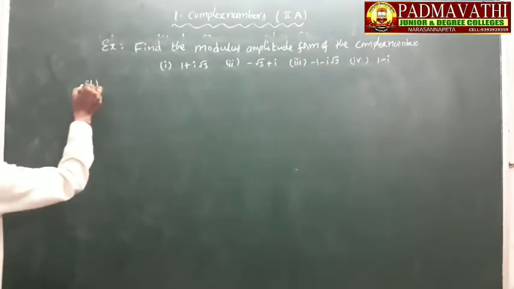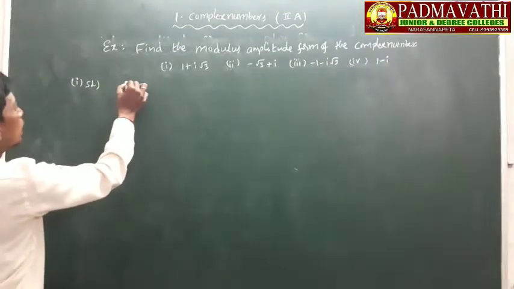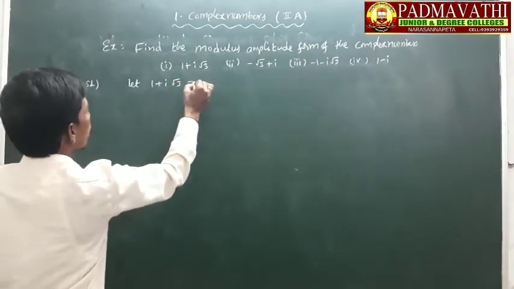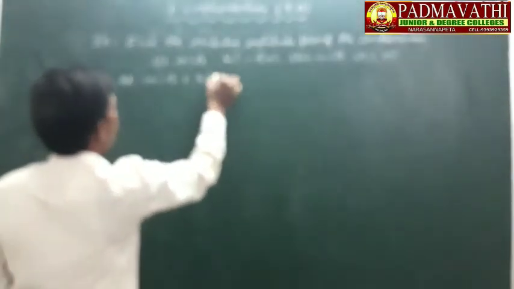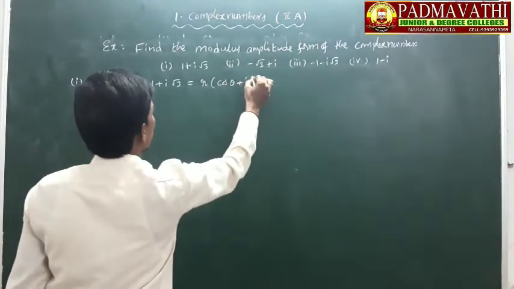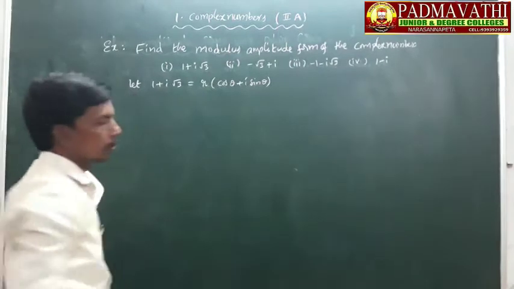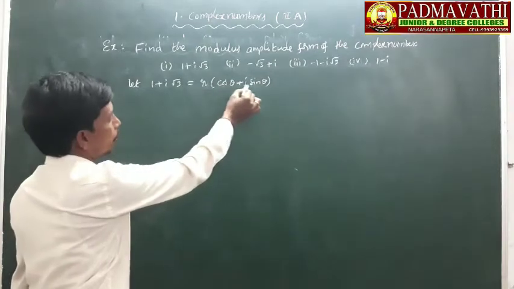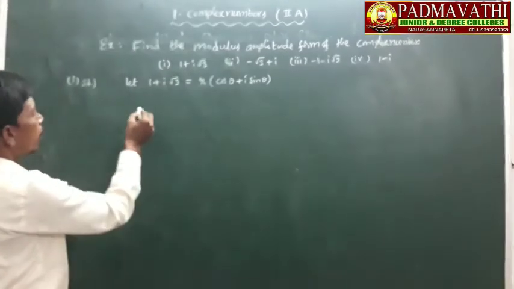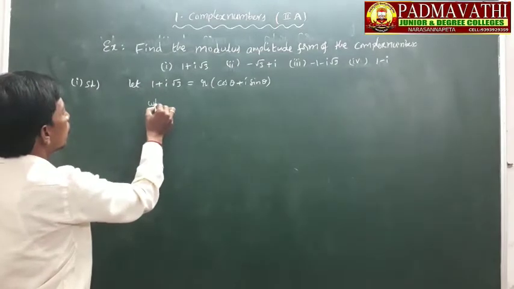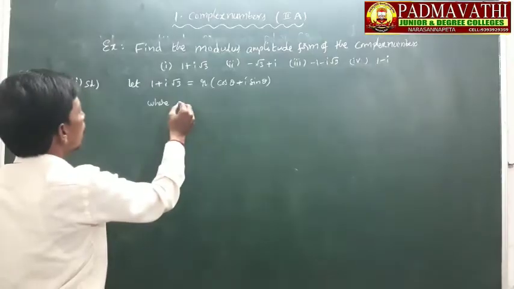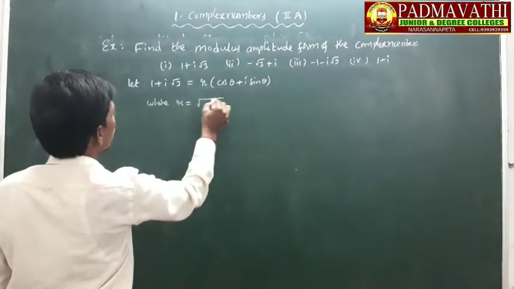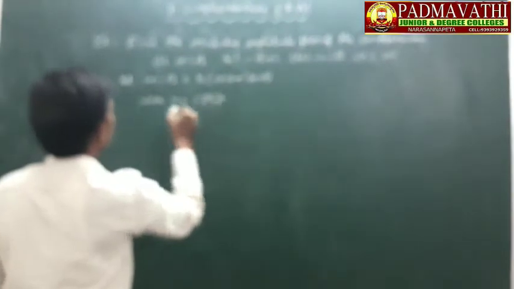Solution. The first one. Let 1 plus i root 3 equal to r into cos theta plus i sin theta. So let us take z, the given complex number, r into cos theta plus i sin theta, where r equal to square root of x square plus y square.